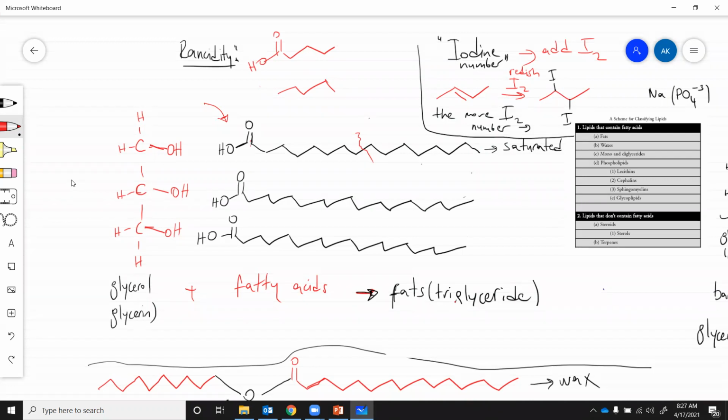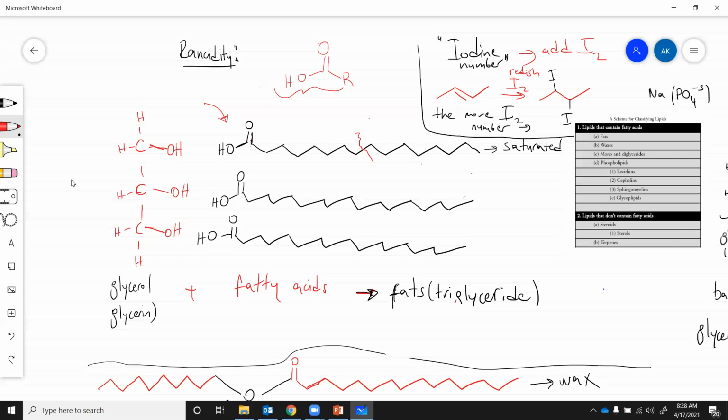What functional group do you see there? Anyone? Guys, you're going to have a quiz about this. What was this functional group, everyone?